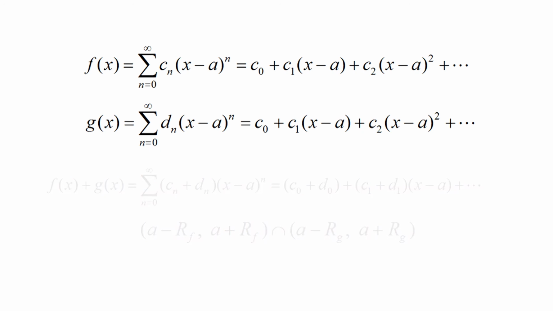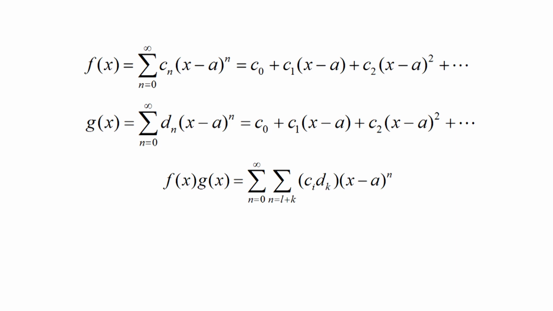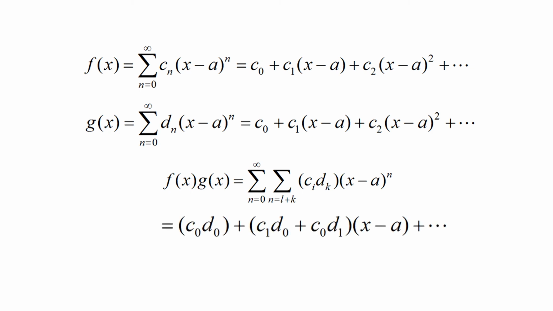The product of the two series is the power series f of x into g of x equal to summation n from 0 to infinity, summation i plus k equal to n of Ci dk into (x minus a) whole power n, which is equal to C naught d naught plus (C1 d naught plus C naught d1) into (x minus a) plus etc., with interval of convergence the open interval (a minus Rf, a plus Rf) intersection the open interval (a minus Rg, a plus Rg).